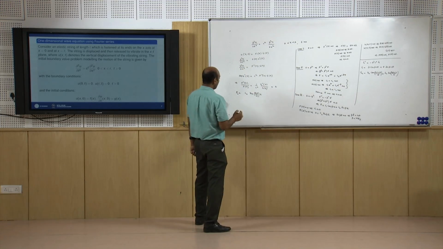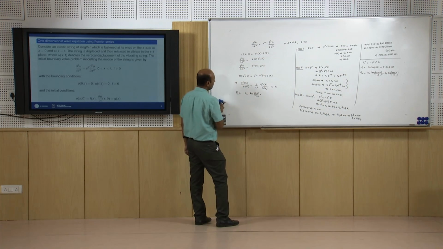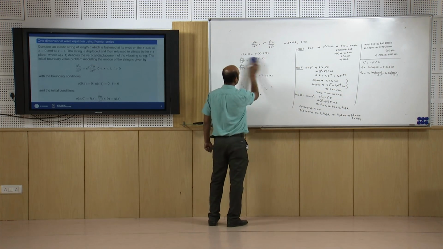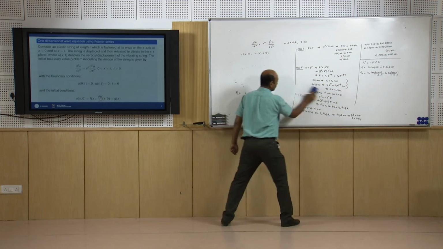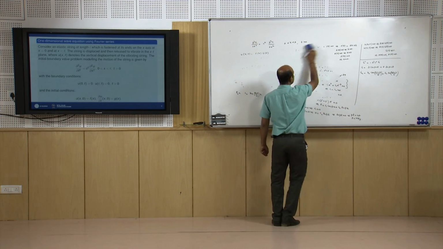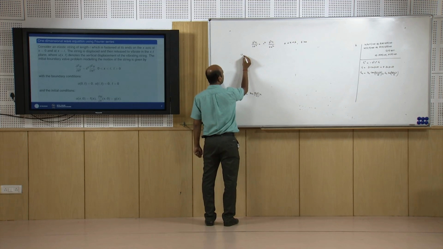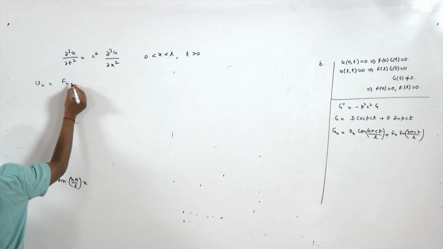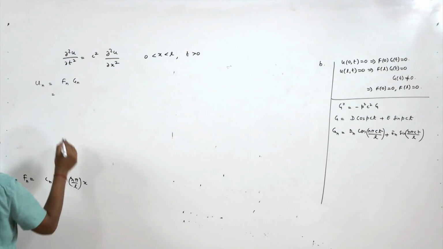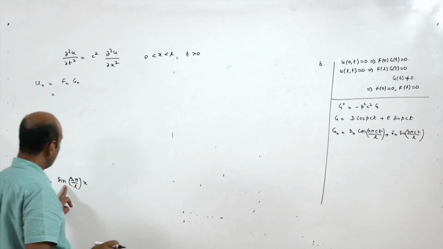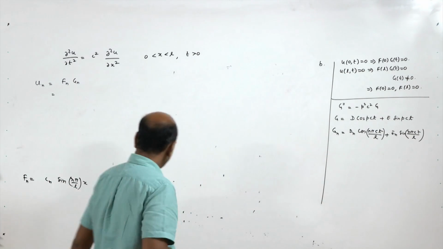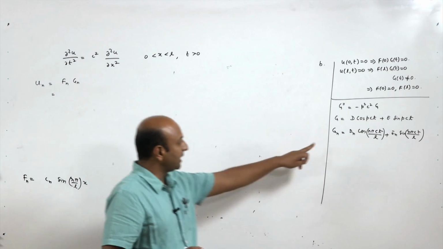So what will be u now? This u is nothing but the product of f and g. So we are calling it un. It is nothing but fn into gn, and fn is nothing but cn into this quantity. So this constant will merge into dn and en.